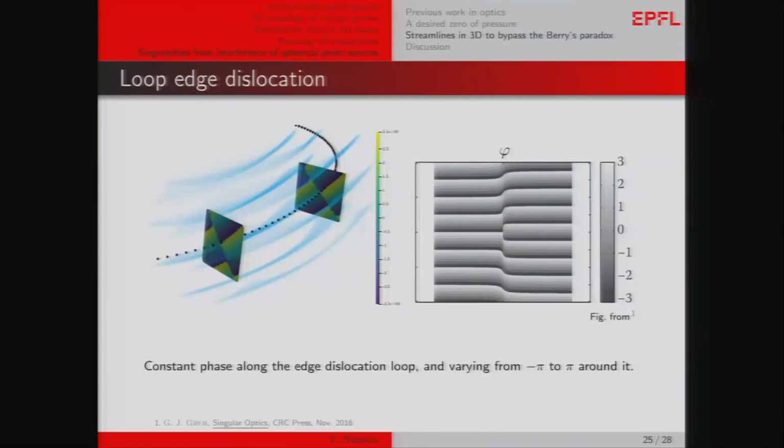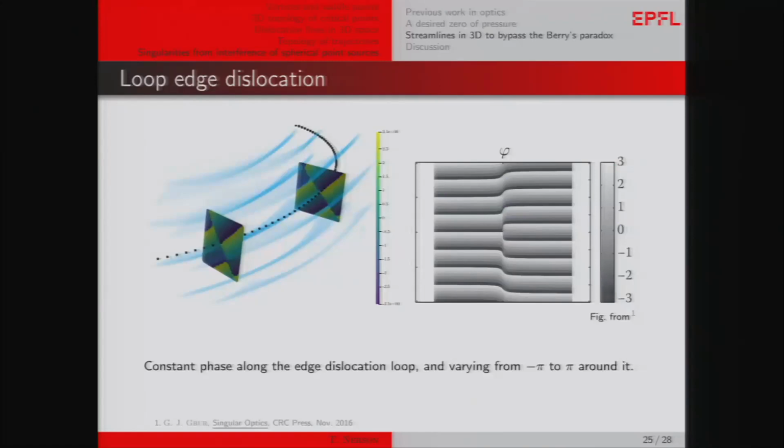If you look at what happens to the phase when you cut the dislocation line, this is quite unzoomed, quite far away from the vortex saddle structure, you will see that the phase goes from 0 to pi, or minus pi to pi, as you wish. Basically, this plot is exactly what we find in the literature: this is our plot, and this is what we can find in the literature.